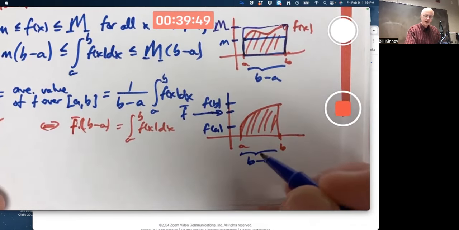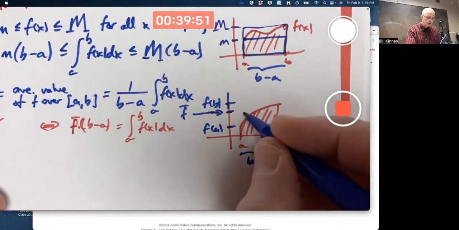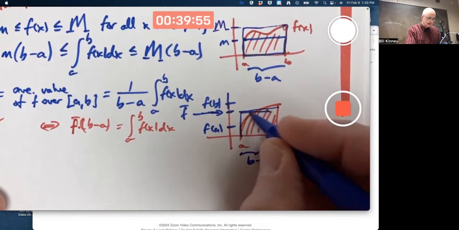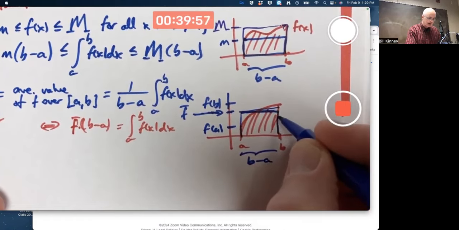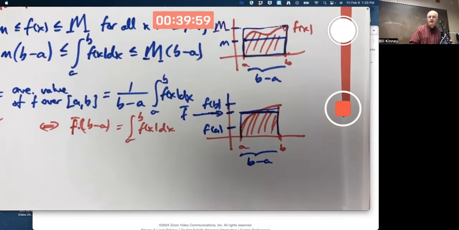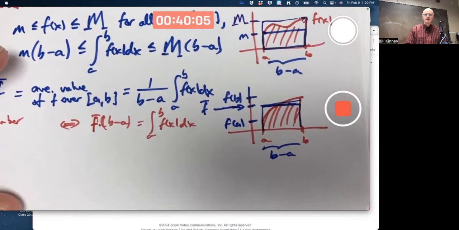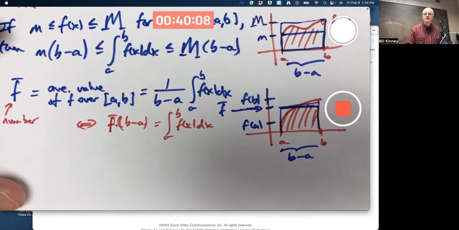But if it's concave up or concave down, it will not be halfway between them. If I draw a rectangle about like that, well, okay, not doing a perfect job here, the area of the rectangle is the same as the area under the curve. Average value is useful for one thing, for understanding concepts in multivariable calculus better.